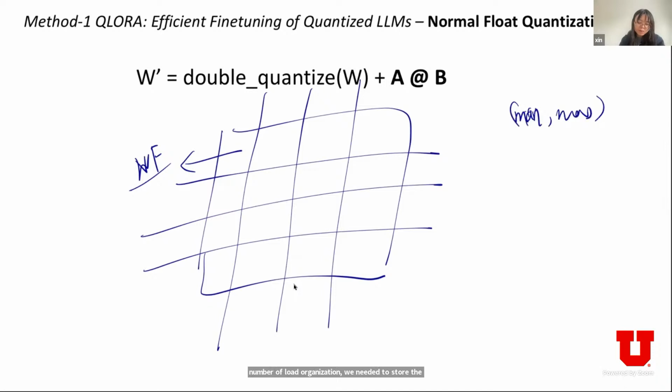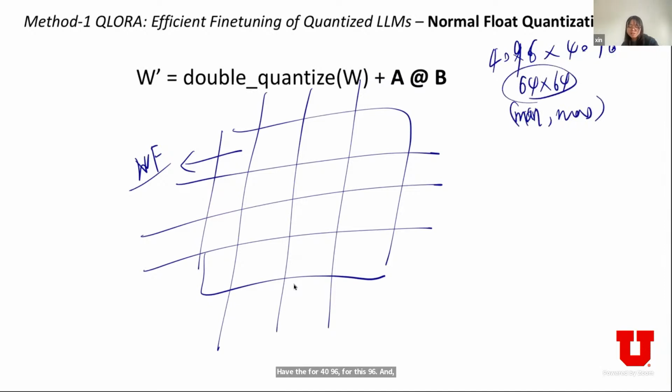When the tensor size is pretty large, say 4096 by 4096, and we have a small block size like 64 by 64, then we still need to store a lot of min and max pairs.